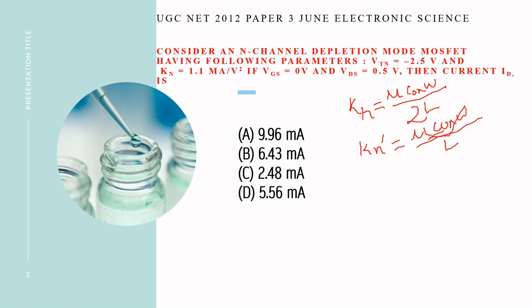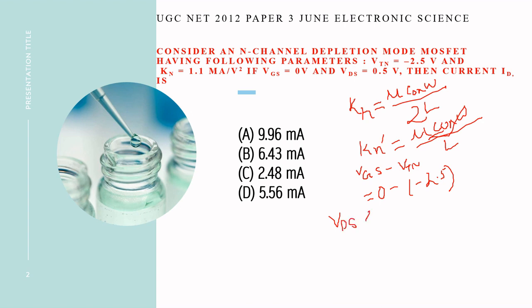Okay, so now VGS is 0 volt. If we evaluate VGS minus VTN, then what do we get? That is 0 minus minus 2.5. So we get 2.5 volt, and VDS is less than this, because the VDS value is 0.5 volt.